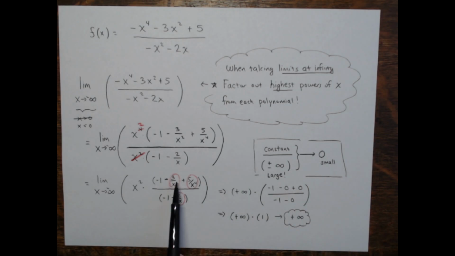So that's approaching 0, that's approaching 0, that's approaching 0. So this factor here is once again approaching -1 over -1, which is +1. So positive infinity, something that's positive and large for the x squared factor, multiplied by something getting closer and closer to 1, this fraction factor here. So the limit is still positive infinity.